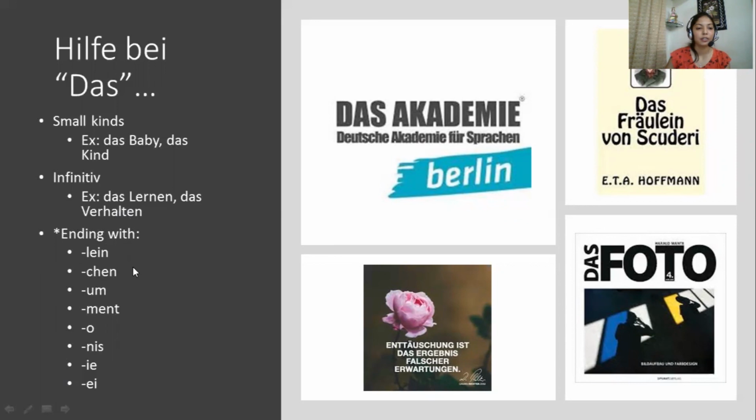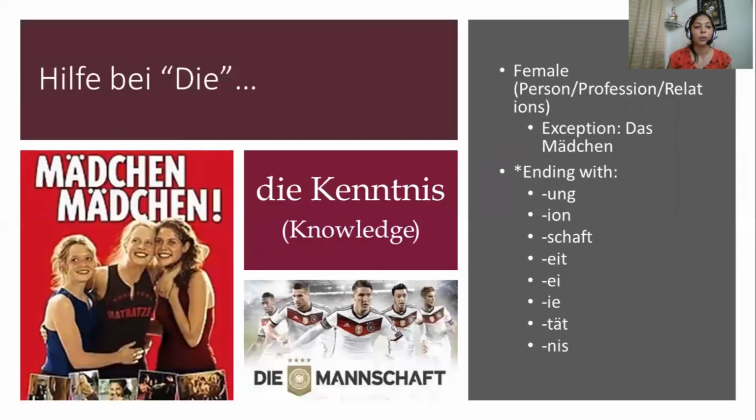Next are again the suffixes which take the endings -lein, -chen, -ment, -o, -nis, -ie, and -ei. So if you say Fräulein, das Fräulein. The ending is -lein, hence the article is das. Chen. So now this was the thing with Mädchen.